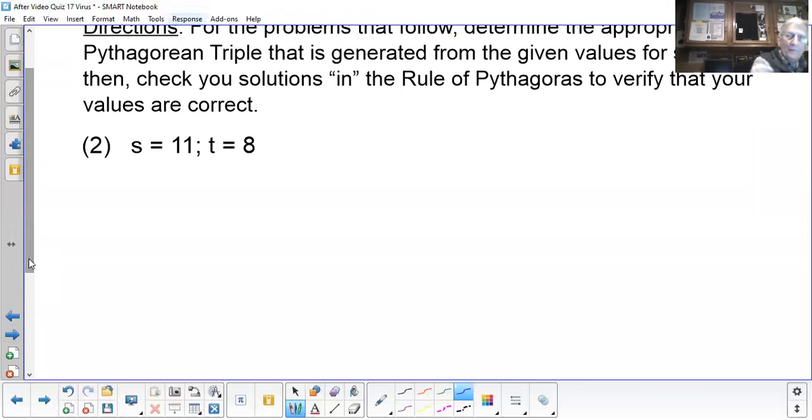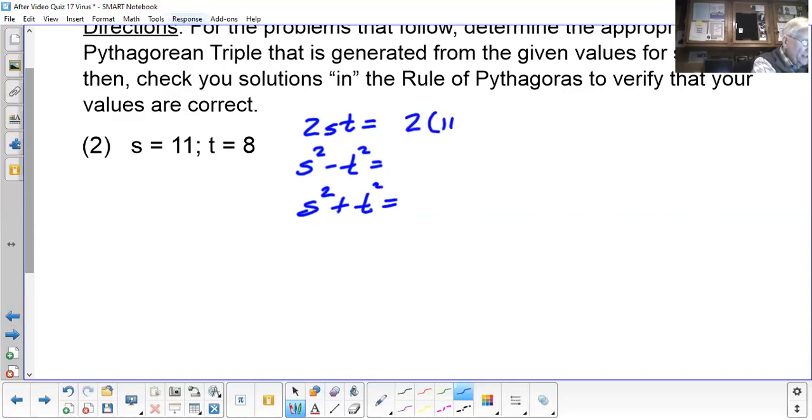Again, when you take the exam, I'm going to tell you the formulas you need to know for S and T. You don't have to memorize those, but you just have to be able to do the work. So here we go. We need 2st, we need s squared minus t squared, and we need s squared plus t squared. So for 2st, it'll be 2 times 11 times 8, and I believe that is 176.